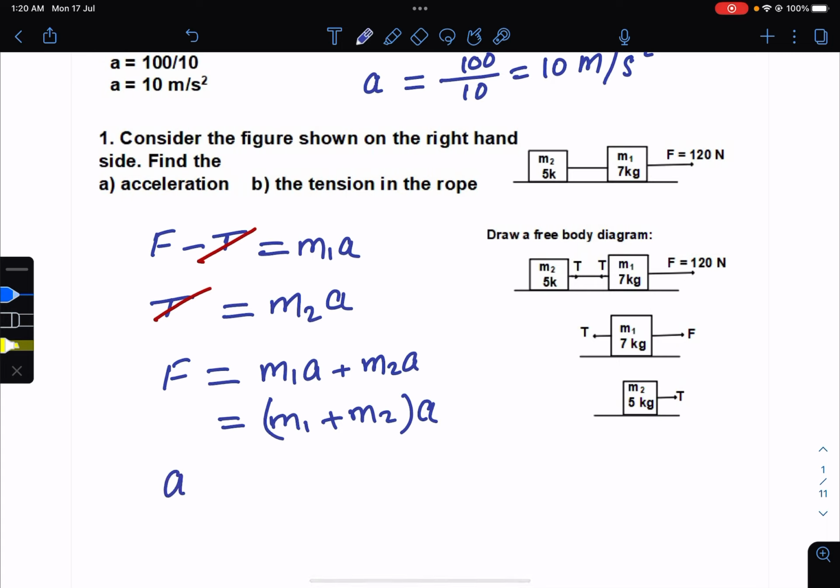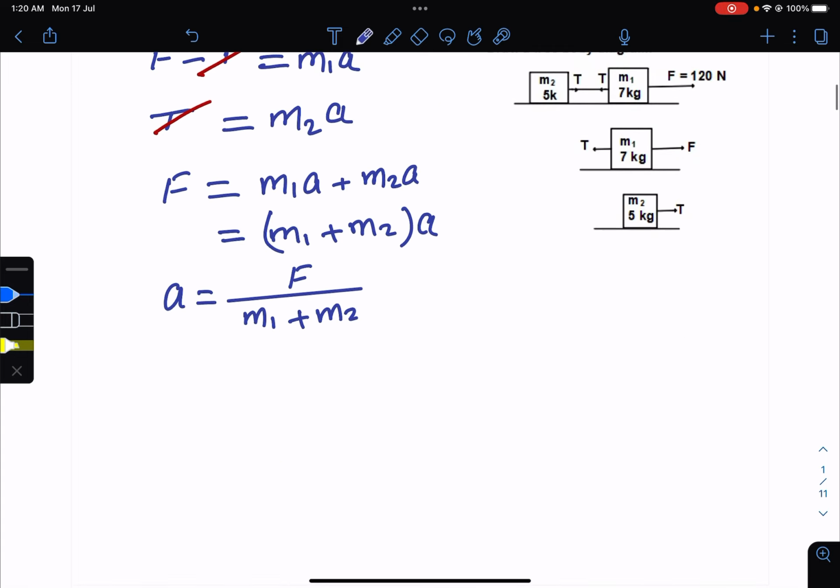So A equals F, the driving force, divided by the total mass, M1 plus M2.